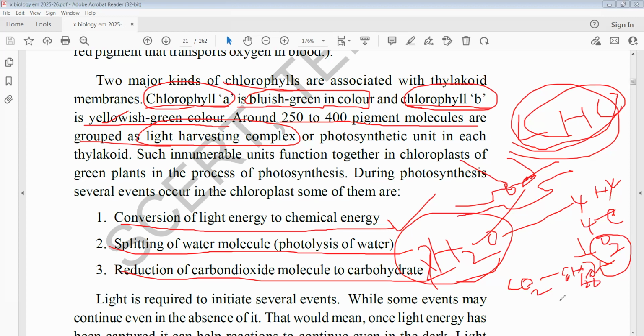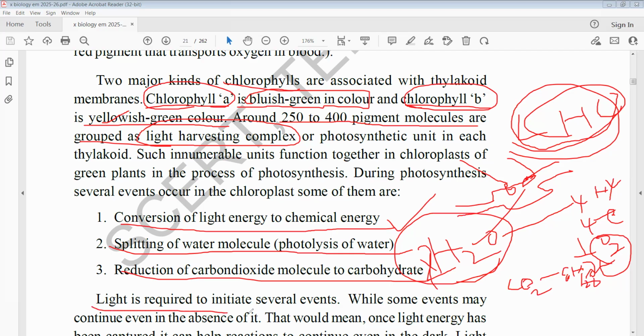So the first function is that chloroplast converts light energy into chemical energy. The second function is splitting of water molecule, also called photolysis of water, and the third is reduction of carbon dioxide to carbohydrate, meaning conversion of carbon dioxide into glucose. These are the three functions of the chloroplast.